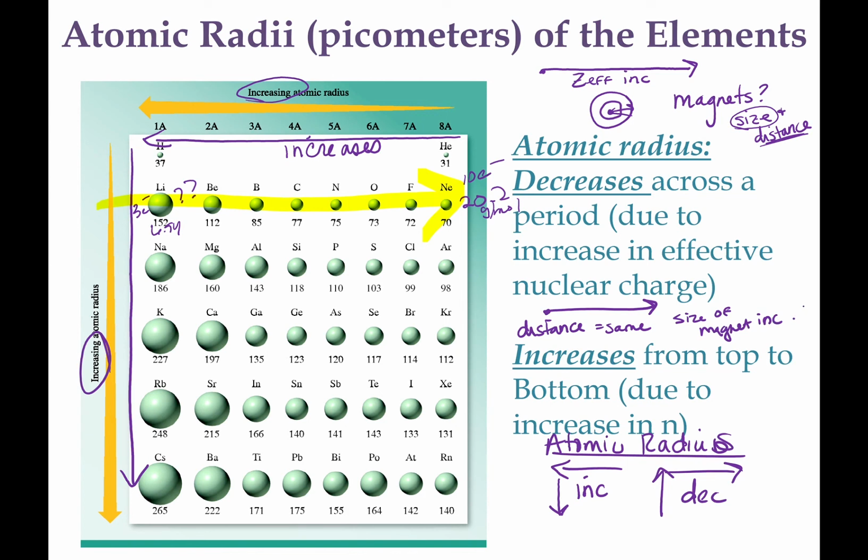Now, why am I using magnets? Because we're talking about charged particles. We have a positive nucleus and a negative electron. So the size of the magnet increases, so it's actually going to decrease the size. There's going to be a stronger pull, a stronger attraction to the center, and it's going to constrict the size of the atom.